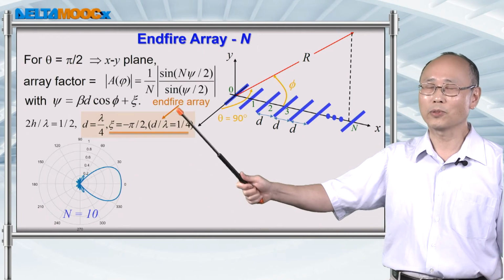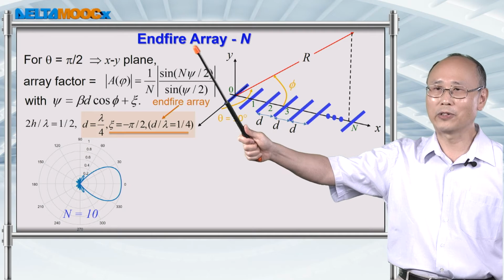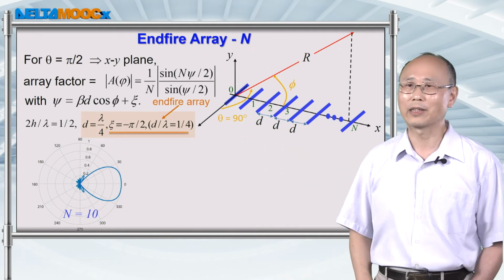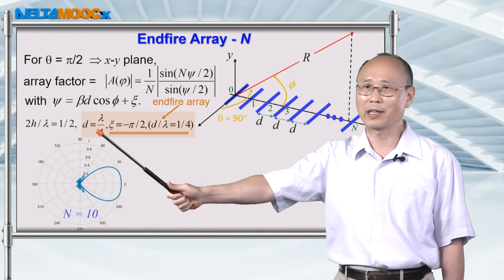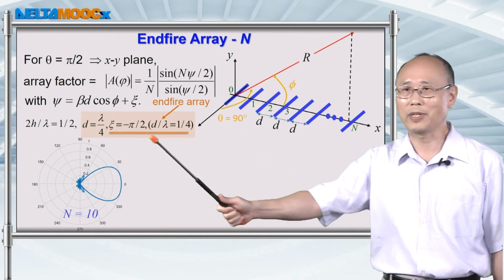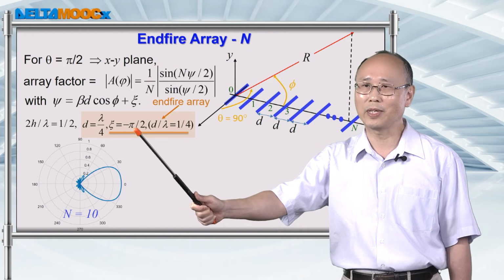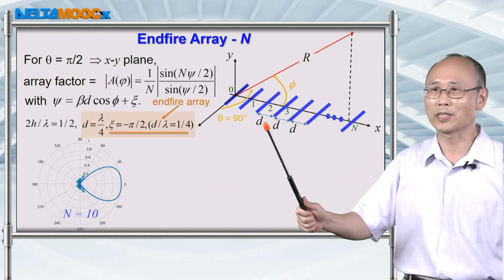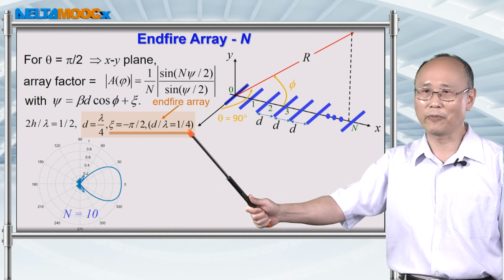So on this page, we can also design an end-fire array and start to see how n is going to affect the radiation beam width. For this design, we set the separation of two adjacent antennas to be quarter wavelengths, and then this c is set to be equal to minus pi over 2. This means that the separation of the two antennas is equal to quarter wavelengths.